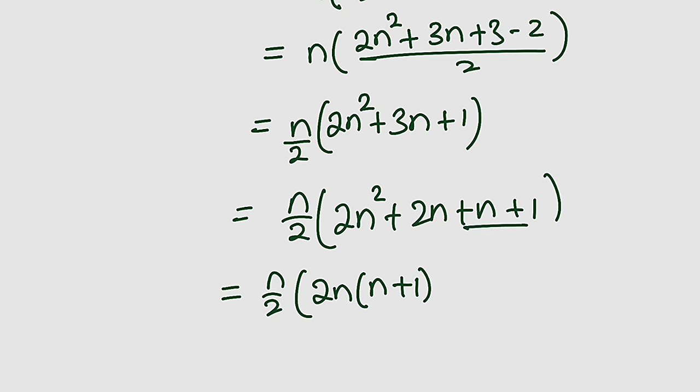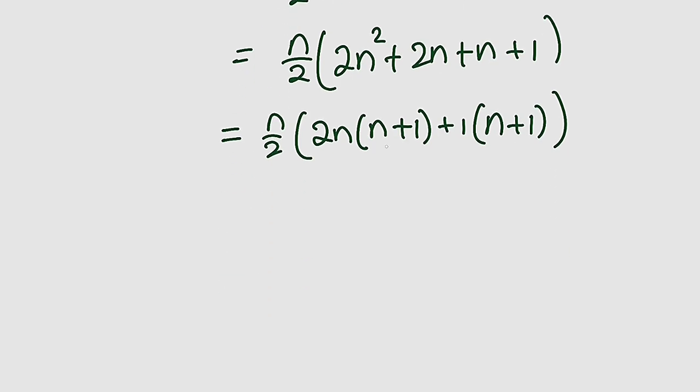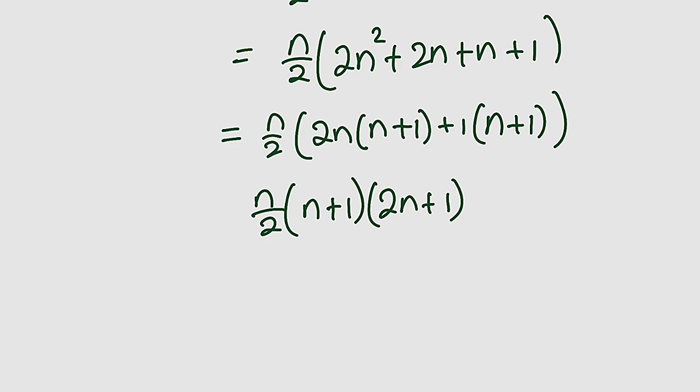Then from this, we have only a factor of 1, n plus 1. So you can see we have n plus 1 in common. So we have n over 2, n plus 1 times 2n plus 1. This is what we have to the right-hand side.